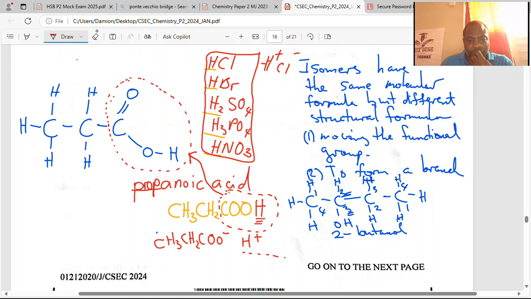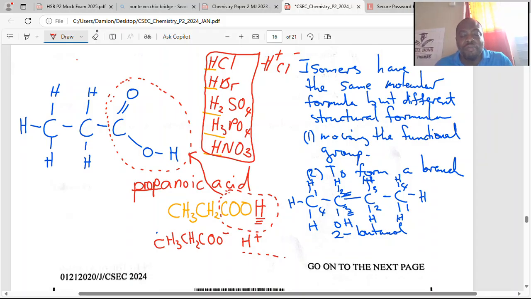Yeah? Why am I going through all of this? Even though I never mention any form of reaction for the other organic compounds, I want to highlight this because students sometimes fall down because they don't remember that technically the hydrogen is going to be replaced.